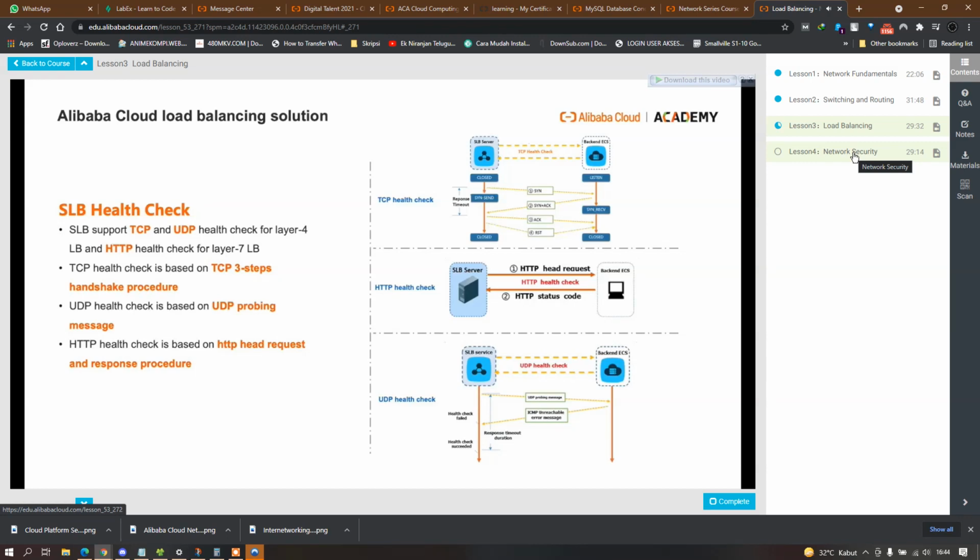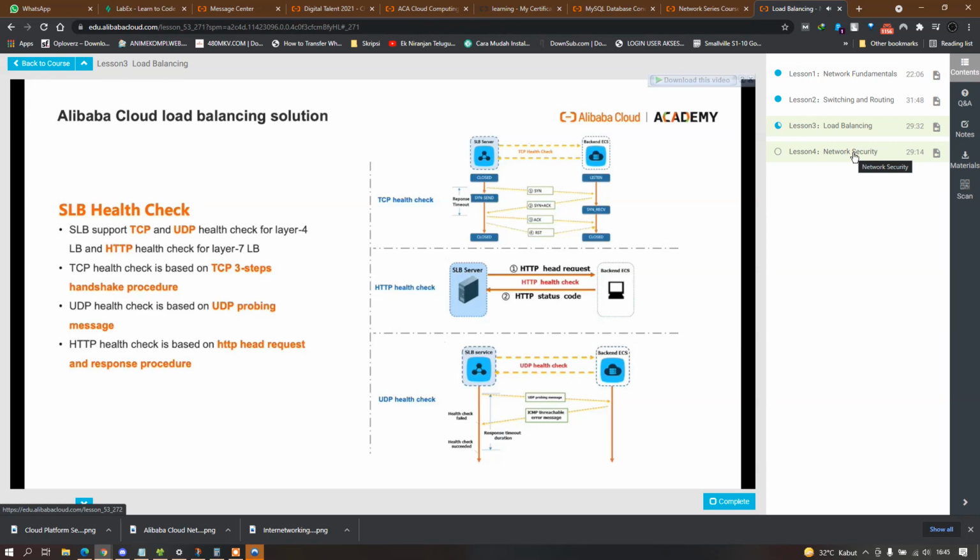Okay, and the HTTP health check is based on the HTTP HEAD request and response procedure. In this health check, the SLB instance will send an HTTP HEAD request, and the backend ECS will respond with a status code. If the status code is normal, like if we are running an HTTP web server, the response status code should be 200.